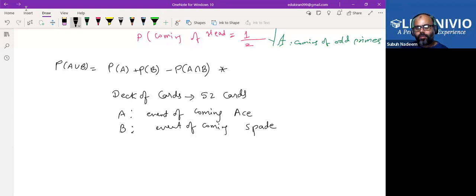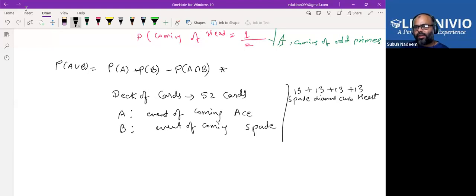Spade, 4. No, spades are not four, spades are 13. 13 plus 13 plus 13 plus 13 are there. So this is a spade. This is your diamond. And then you have club. And then we have heart.